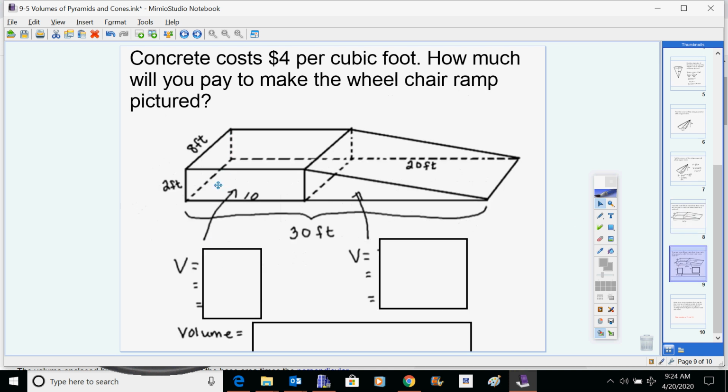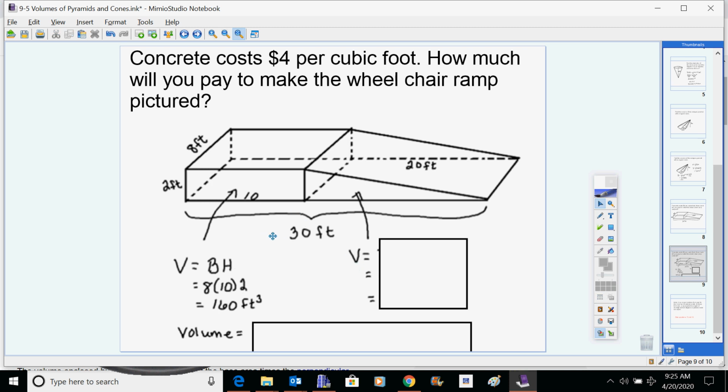So here, and honestly, in a rectangular solid, many of you will just find it easier to do length times width times height, which is what this comes down to for this piece over here. If we think about the formula that your book gives with the base times the height, the area of the base, if we did 8 times 10, this would give us the bottom and the height being 2, and you get 160.